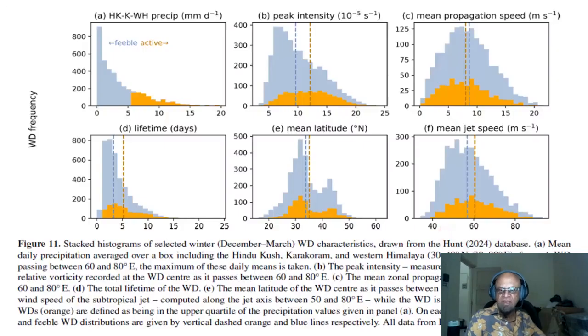On each subplot, the means of the active and feeble WD distributions are given by vertical dashed orange and blue lines respectively. So their means are shown in these two lines with the corresponding color. It gives you a sense that there are systematic WD events which are associated with heavier precipitation, and they have slightly different characteristics than the ones they call feeble.